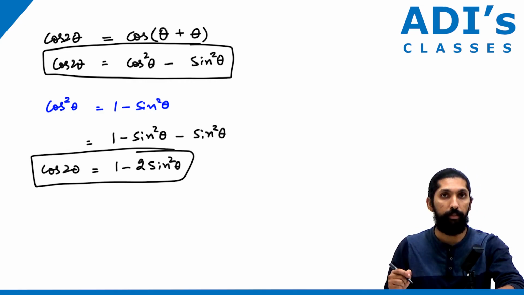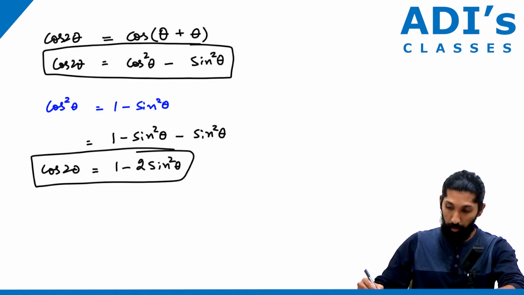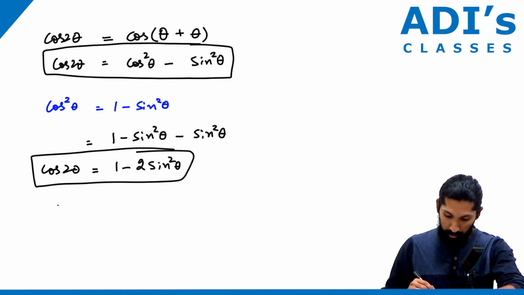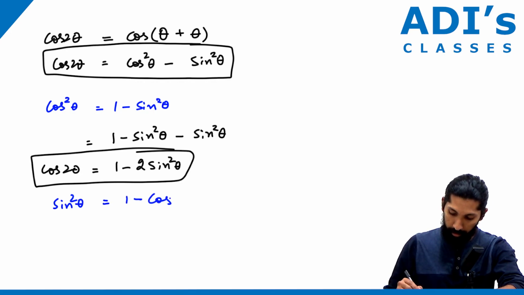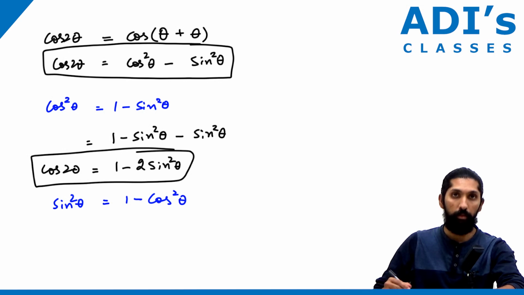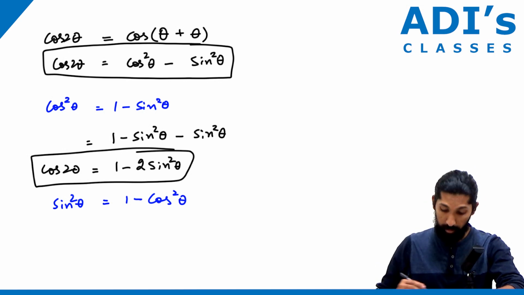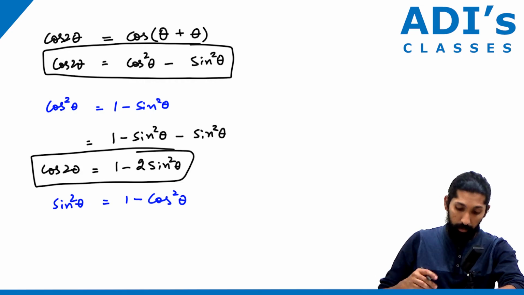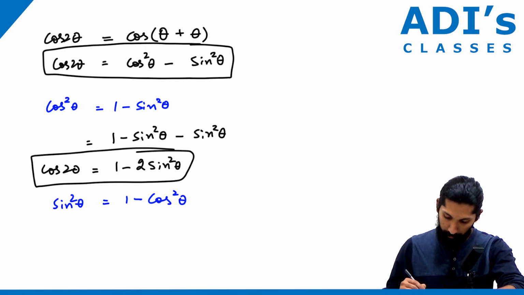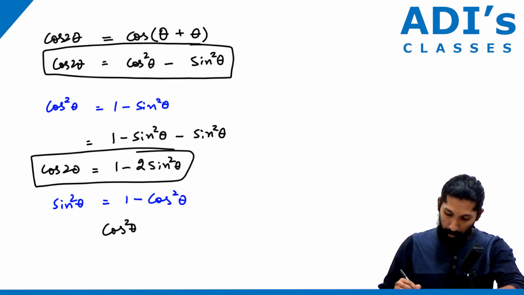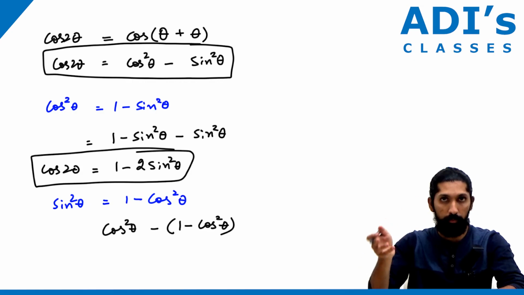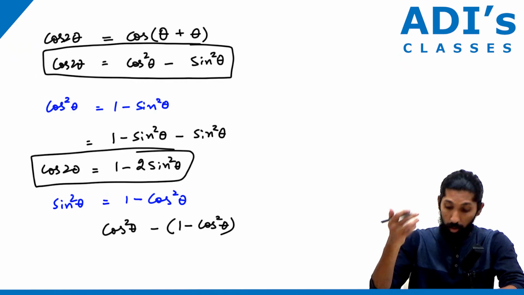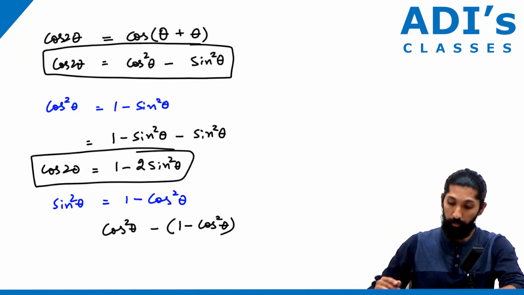We got one identity. Similarly, if you change sin square theta as 1 minus cos square theta using the trigonometric identity, then you will have cos square theta minus of 1 minus cos square theta. Minus of minus cos square is going to become plus cos square. So you are going to get 2 cos square theta minus 1.